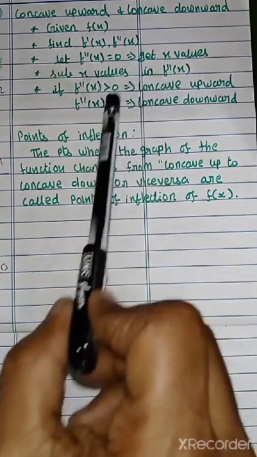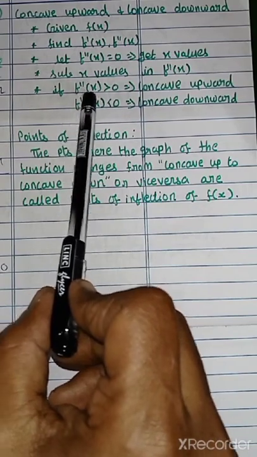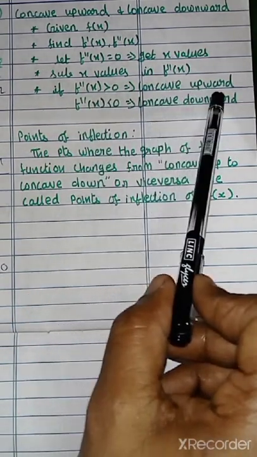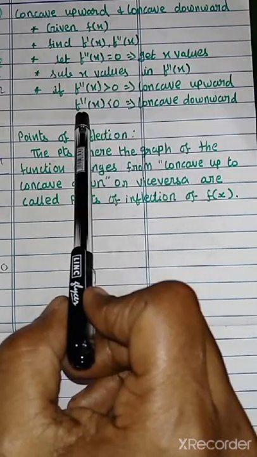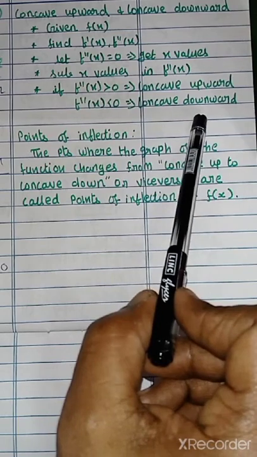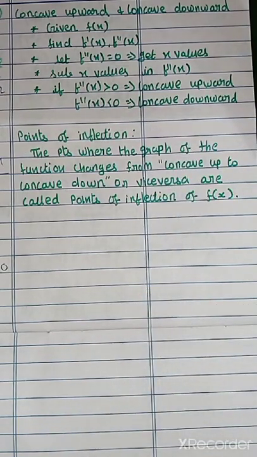What is the condition? If f double dash of x is greater than 0, then it is concave upward. If f double dash of x is less than 0, then it is concave downward.